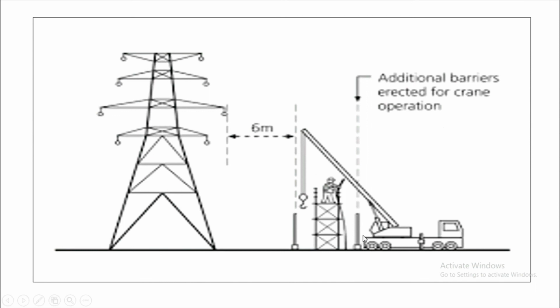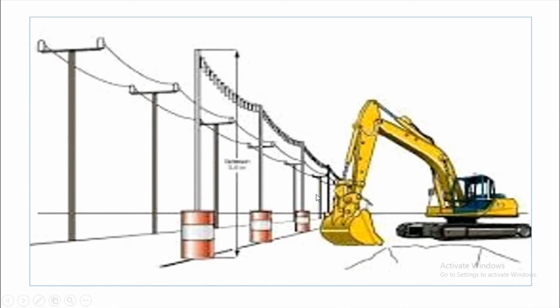Maybe you can provide additional barriers for the movement of vehicles, and also barriers for the boom extensions of your mobile crane if you are using mobile cranes. Same thing, the goalposts, barriers, and signage are placed so that the excavator cannot extend its arm beyond the exclusion zones.